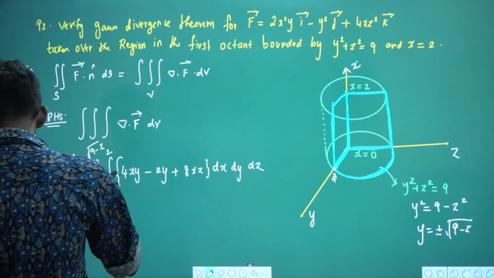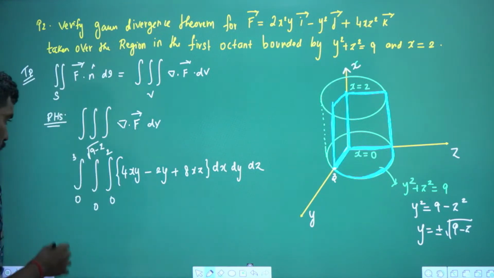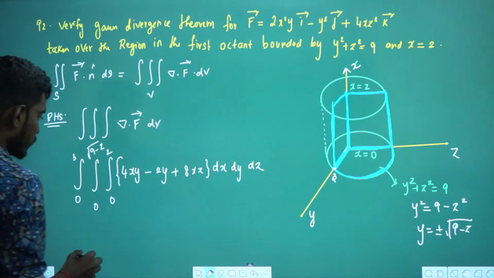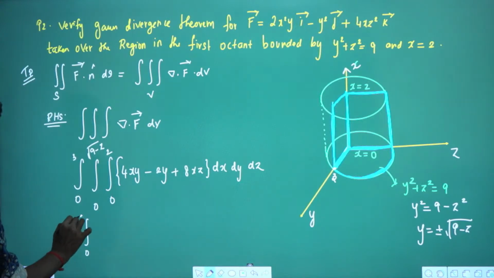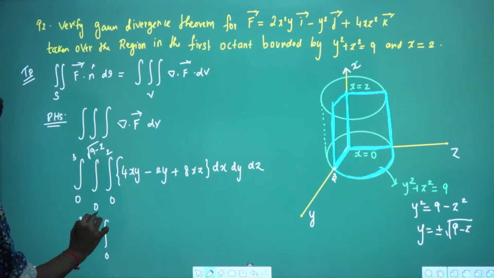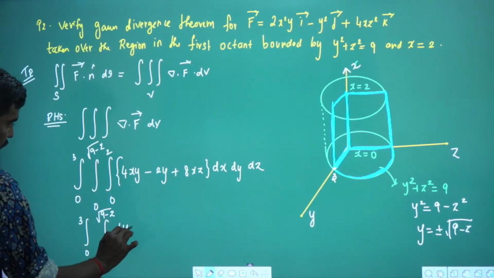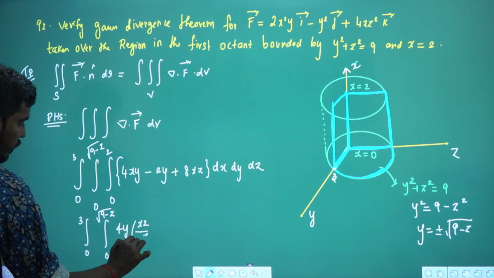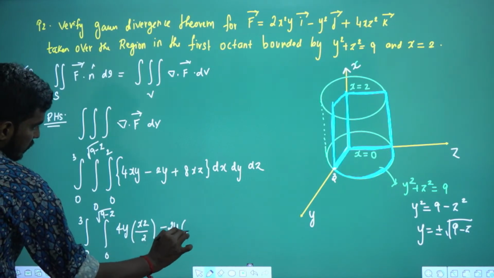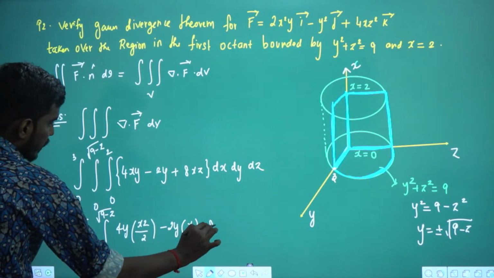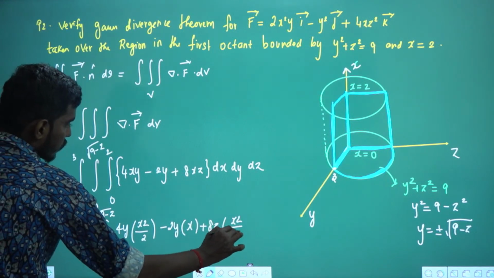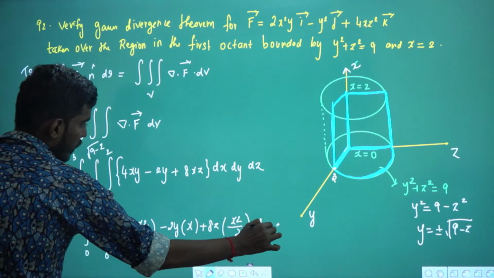So here, let me integrate with respect to x first. So this will be z from 0 to 3, y from 0 to root of 9 minus z square. So 4y times the integration of x dx is x square by 2, minus 2y times the integration of dx is x, plus 8z times the integration of x is x square by 2, dy dz.